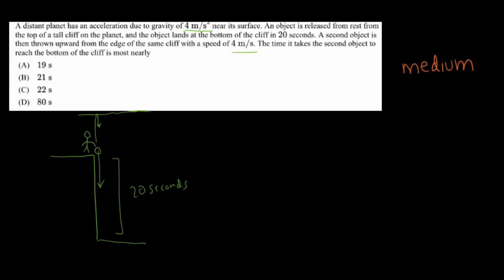The first thing we're going to do is evaluate the up part. When this object goes up and reaches its max height, we want to find how long it takes. So let's write our known variables. The acceleration due to gravity on this planet is negative 4 meters per second squared. The initial velocity is 4 meters per second.